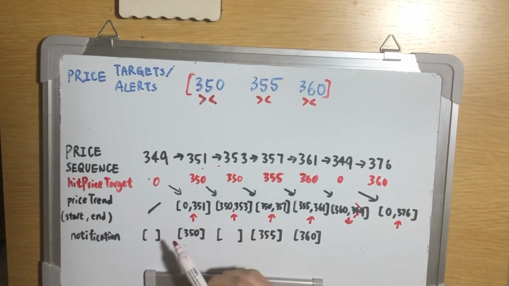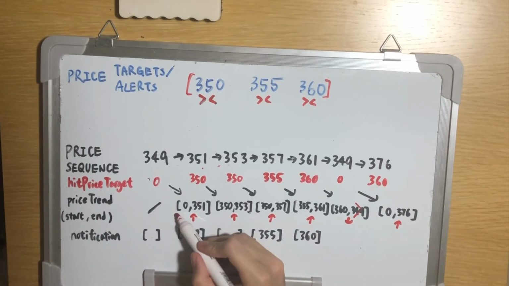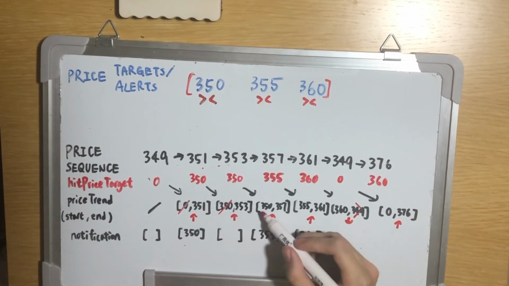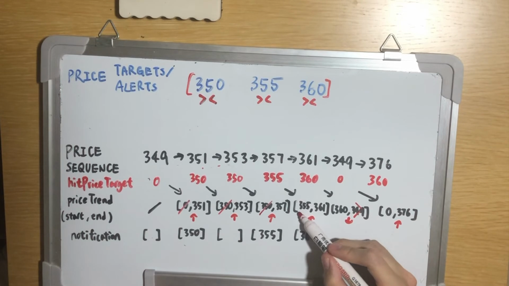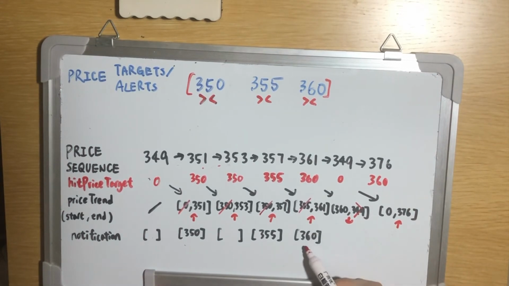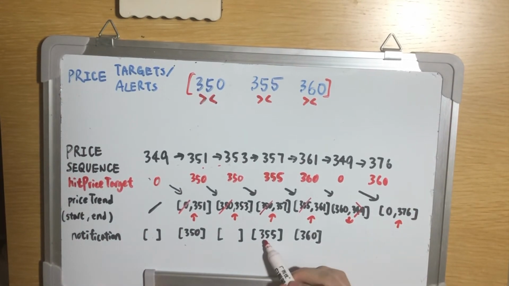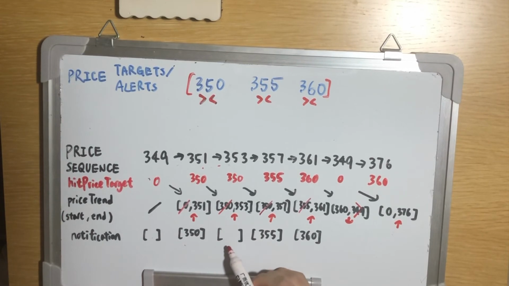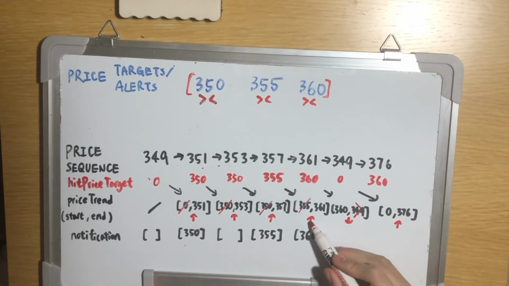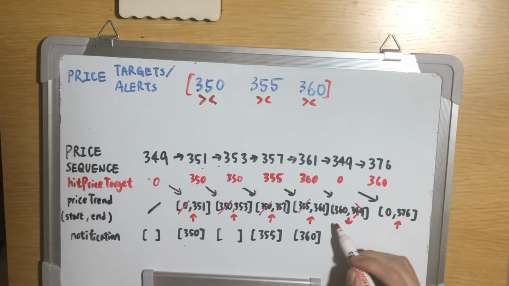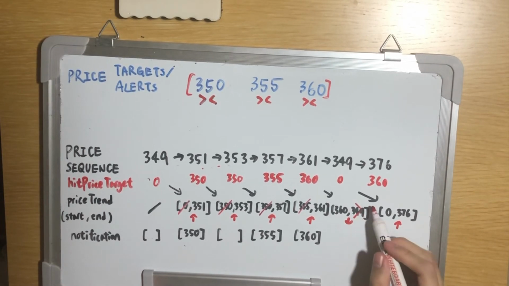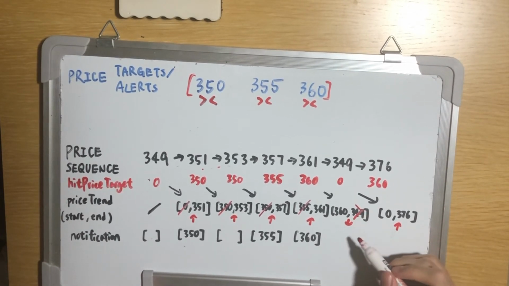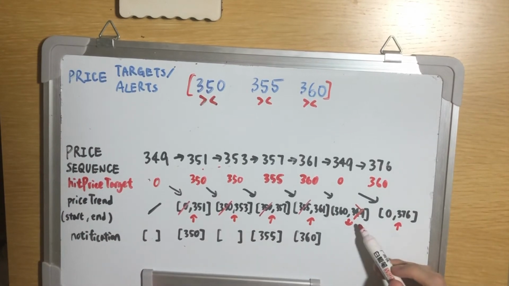For the previous ones, we cross out 0, 350, 350, 355. That's why we don't have 355, 350, and 350 here. So if the price trend is decreasing, then we omit the end price instead.